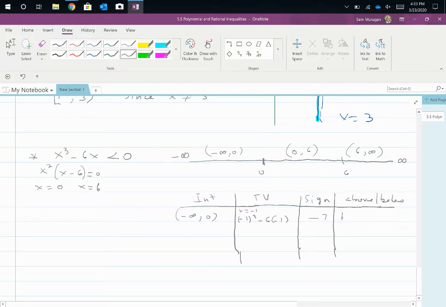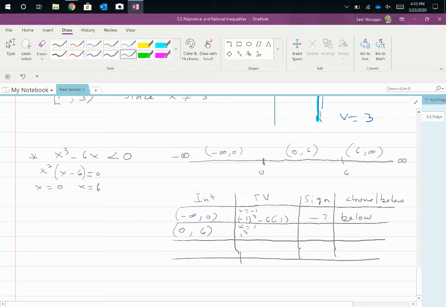That means it's below. Since we're looking for below, if we test the interval 0 to 6, testing positive 1, we get 1 cubed minus 6 times 1, which comes out to negative 5, which tells us it's below also.